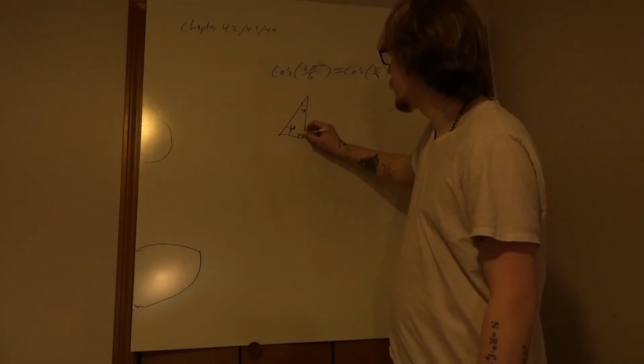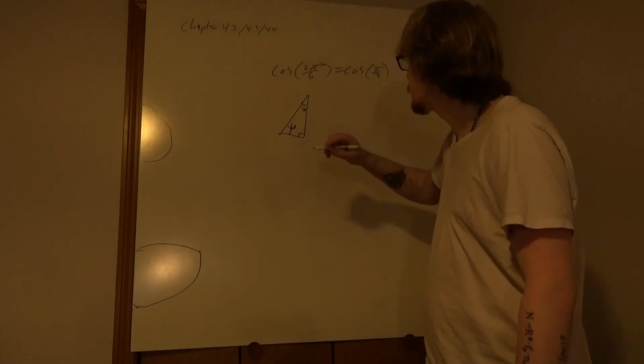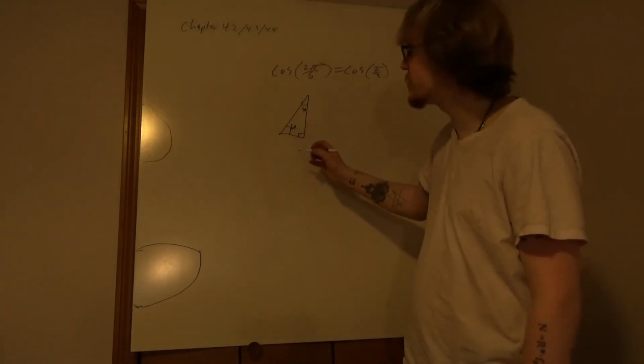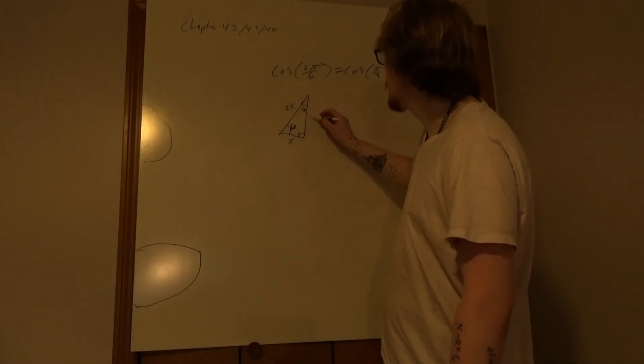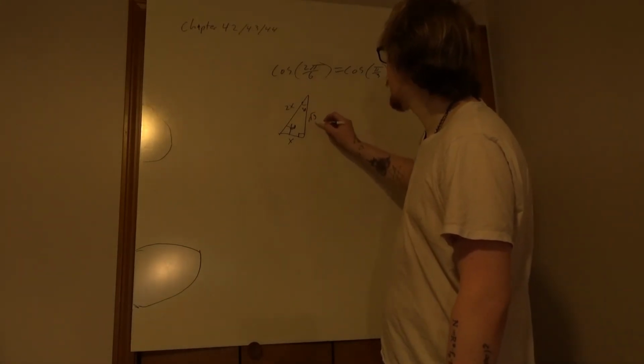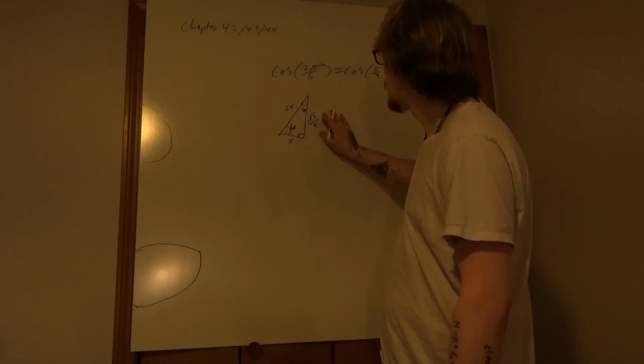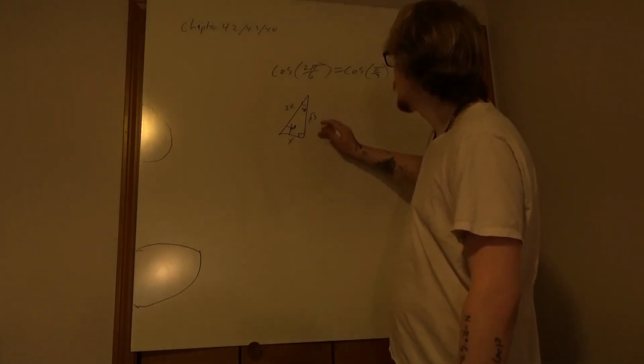60, 30, 90 triangle, and so we get the exact same ratio of the side lengths. So we get x, 2x, and √3x.